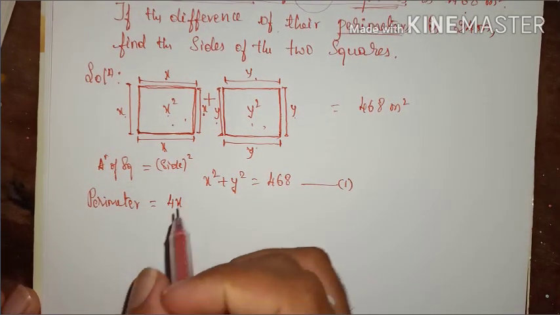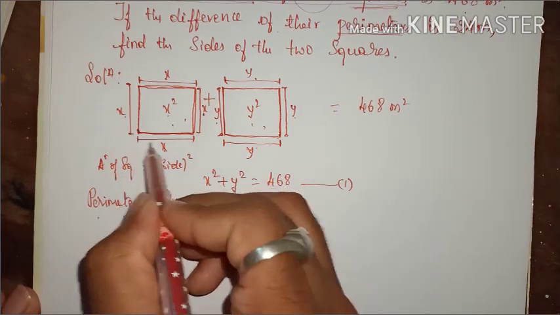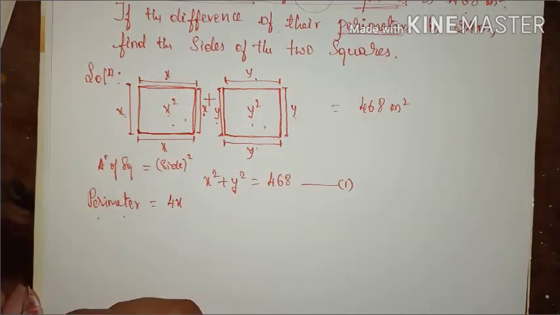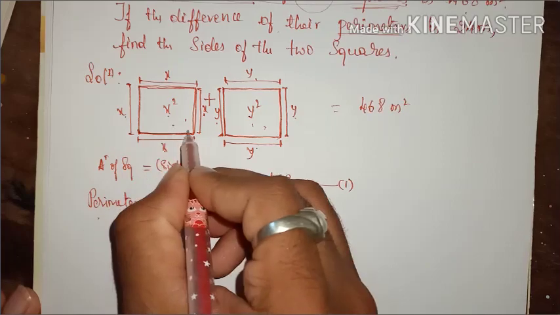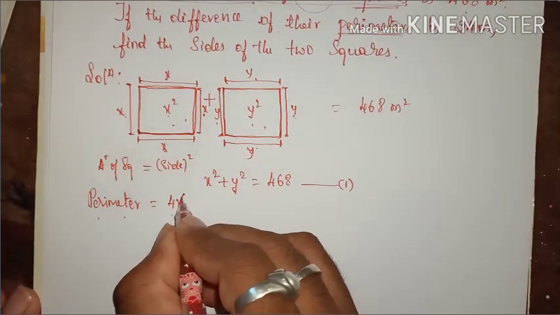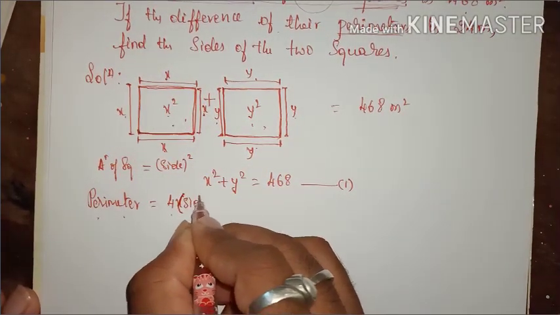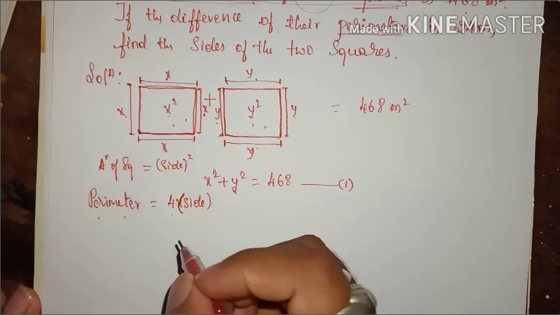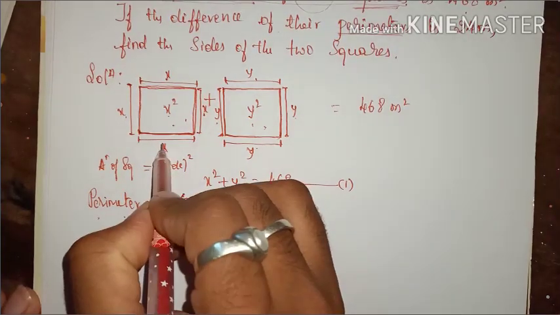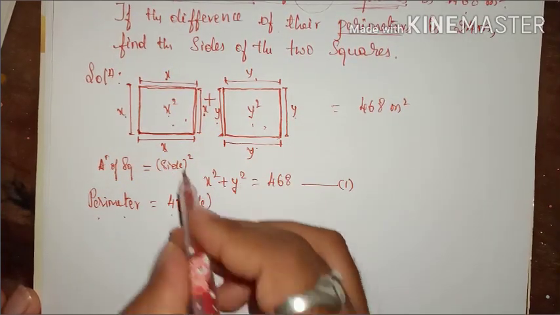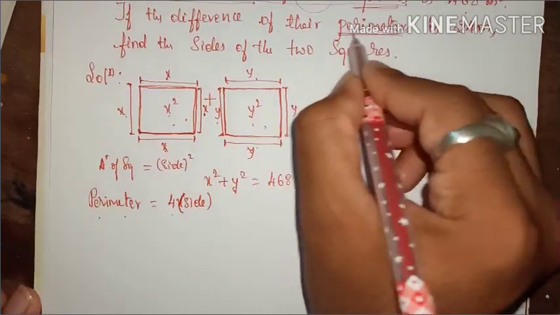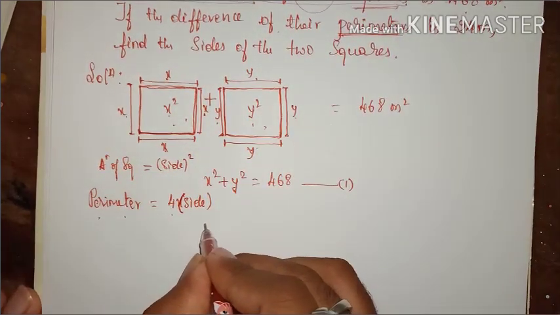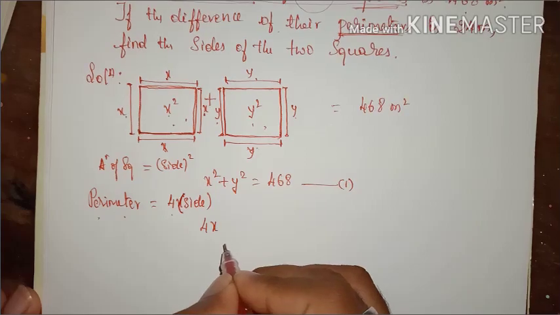So what is the formula to calculate the perimeter of a square? It is 4 sides, 4 into a side, correct? Here I have taken the side as x, so the perimeter is 4x.